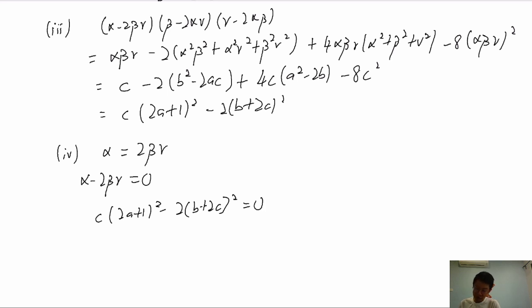So this is why we can prove that c times (2a plus 1) squared should be equal to 2 times (b plus 2c) squared. So this is the thing that we should be able to get. This question is a bit longer, but it is not too difficult to prove because all the results are given already.